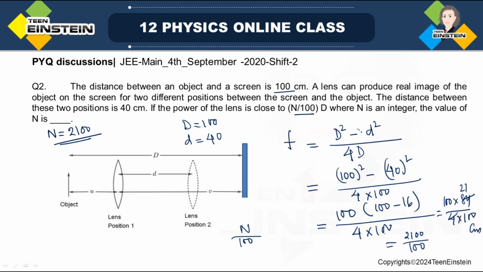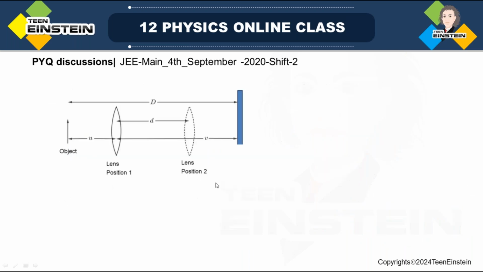If you don't know, then we can actually go for some other process. Let me tell you, if the object distance is u, then the v will be this much.